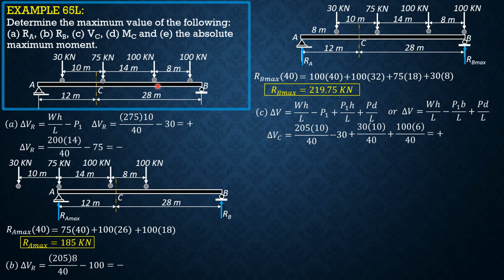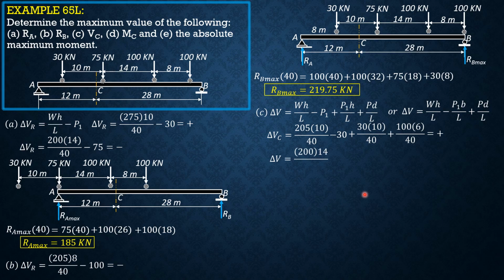Next, we move 100 kilonewton over C. Our P1 is, there will be no P1H over L, there will be no incoming load, and we will use this formula because the 75 kilonewton load, which is supposedly our P1, will fall on the ground because the distance is 14 and this is only 12.